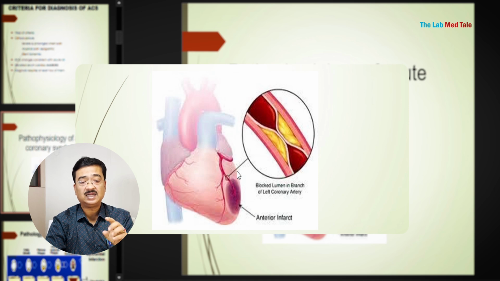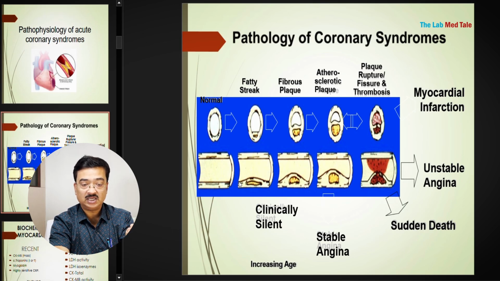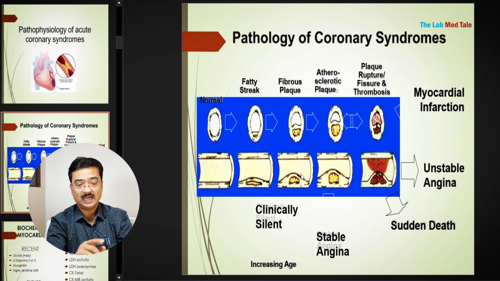That means that area was supplied by the artery which got blocked, and therefore the tissue will die in that area. That is the myocardial infarction. This is how it happens. Initially it forms a plaque, you see the flakes formed here, and it increases sometimes and narrows down the vessel.